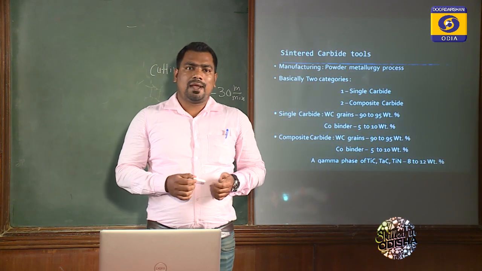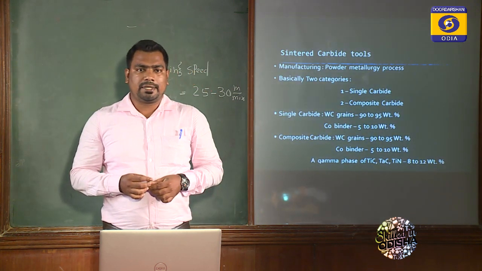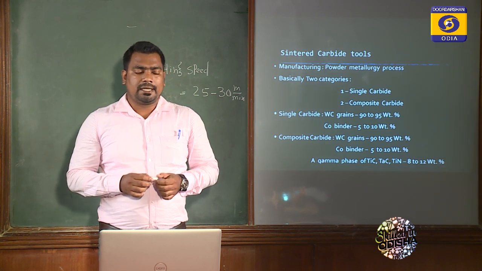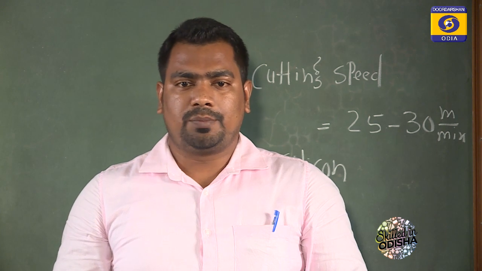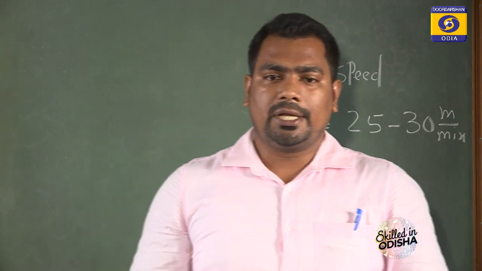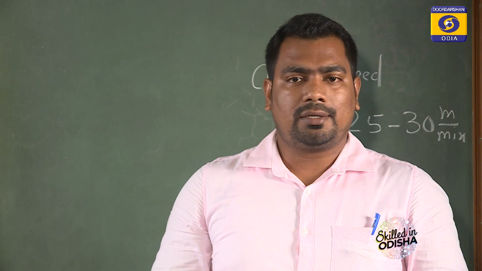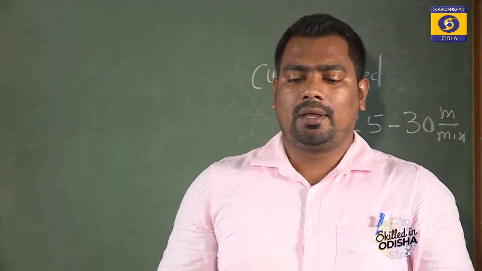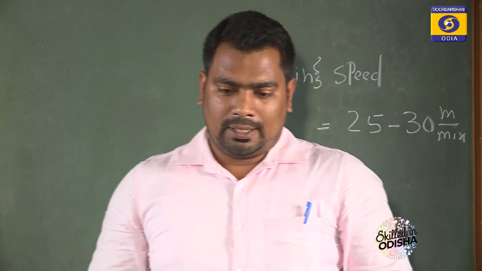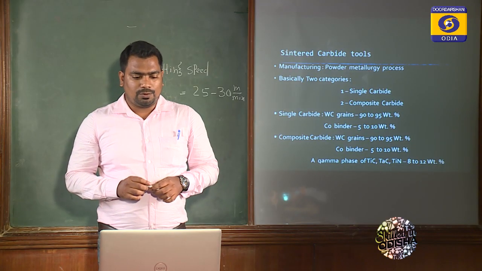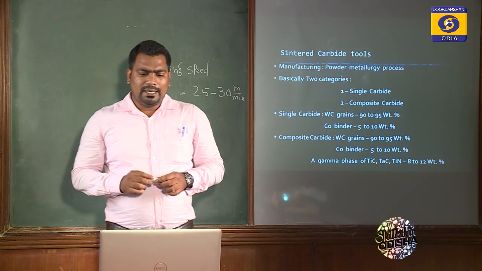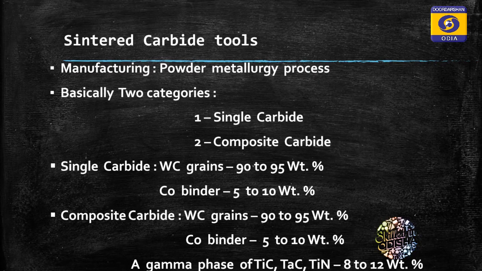But stellite has a disadvantage that it lacks grindability. That means a particular type of cutting insert we cannot get in stellite. So the next cutting tool material is sintered carbide tools. Sintered carbide tools are manufactured by powder metallurgy processes.